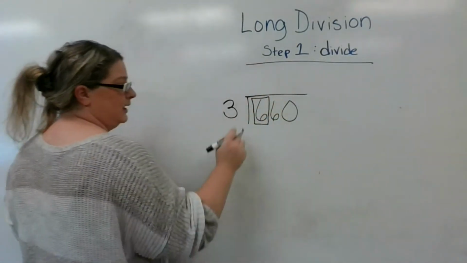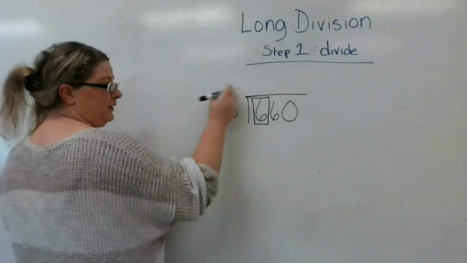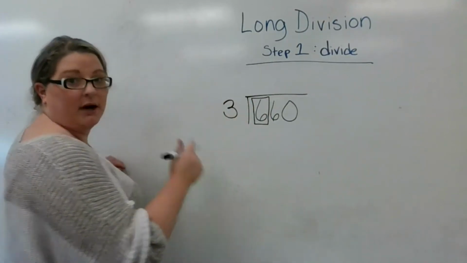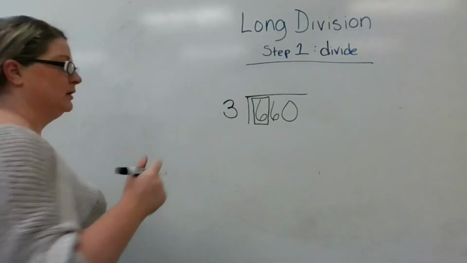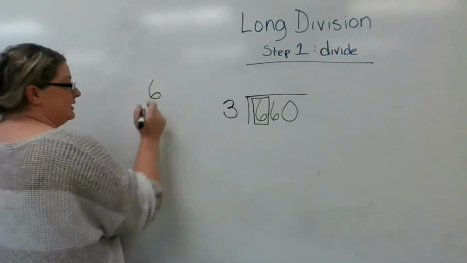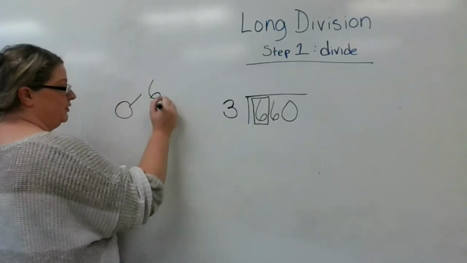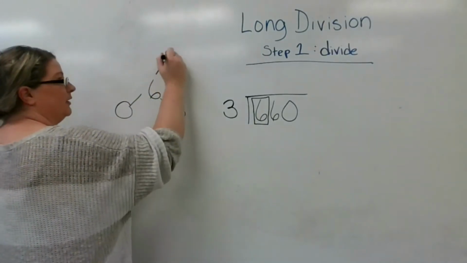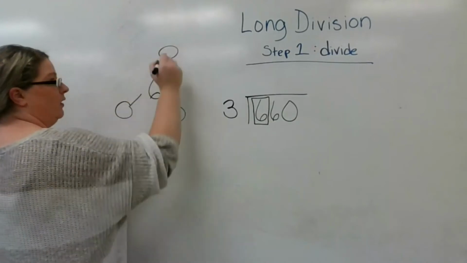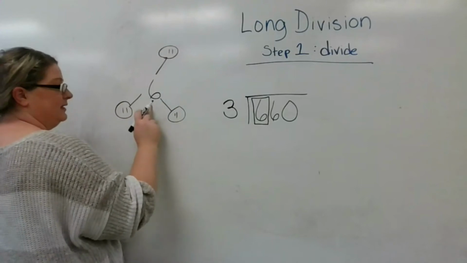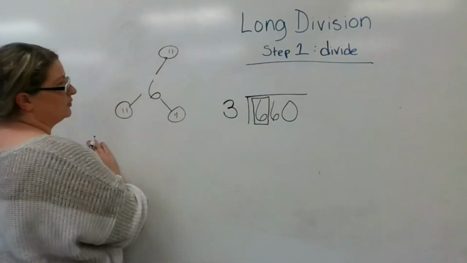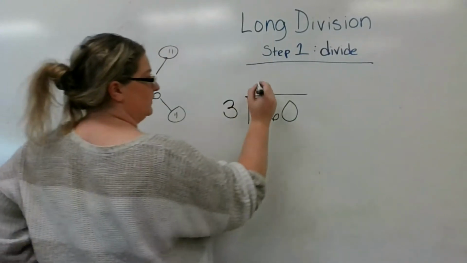And this says, how many will be in each group if you split 6 three times? So if I take my number 6, and I say 1 group, 2 groups, and 3 groups. And we're going to count it out. 1, 2, 3, 4, 5, 6. My 6 split equally into groups of 2, 3 groups of 2.